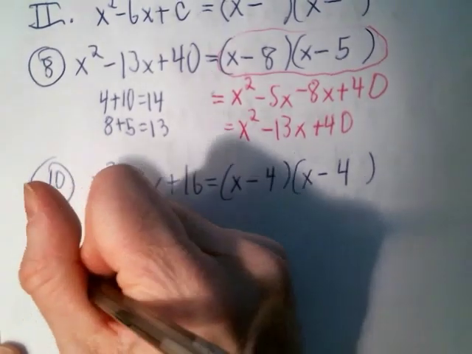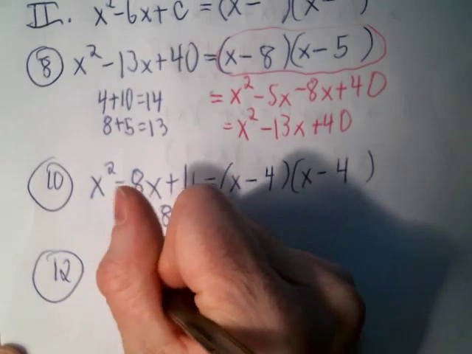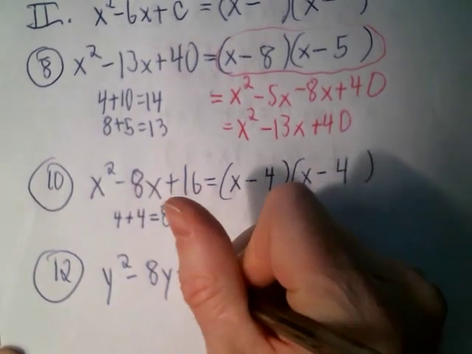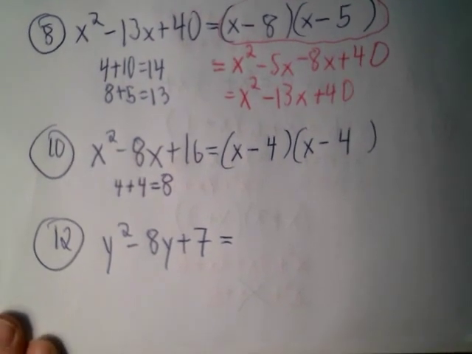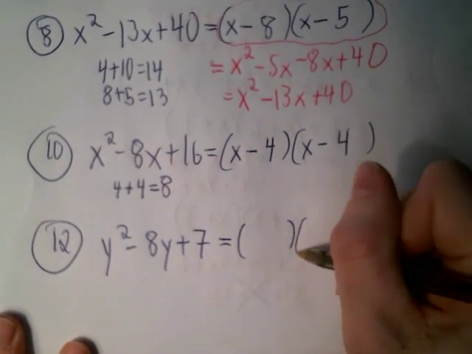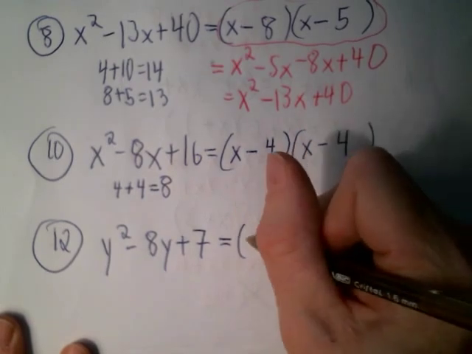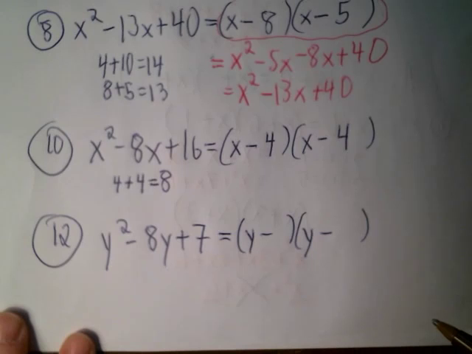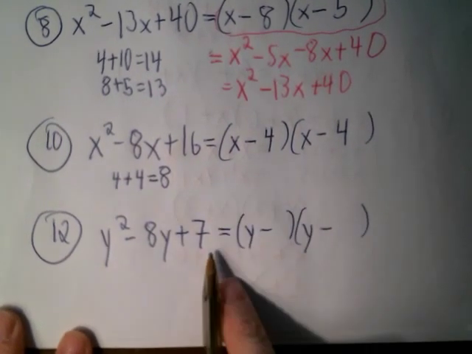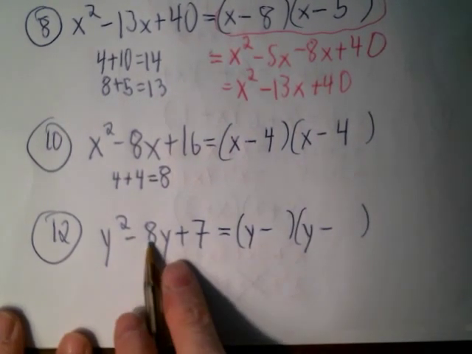Let's try number 12. So I have y squared minus 8y plus 7. Okay. So again, set up my parentheses. I'll have to have y, and then minus minus. I need two numbers that multiply together to be 7, but add to be 8.